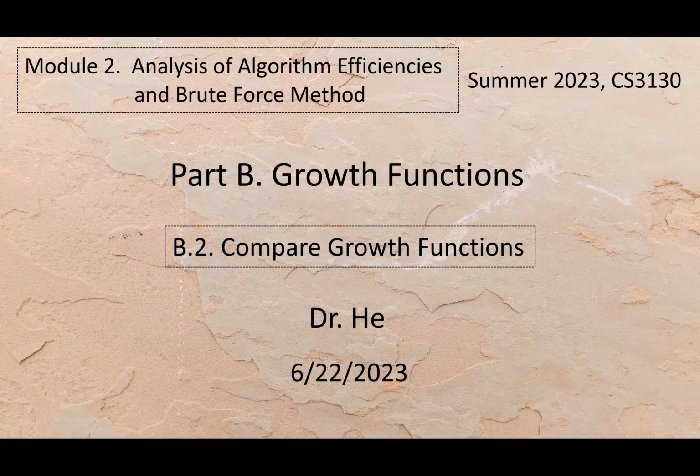Next, let's compare growth functions. In our part A, we did the element uniqueness problem. We found solutions: method 1 and method 2.